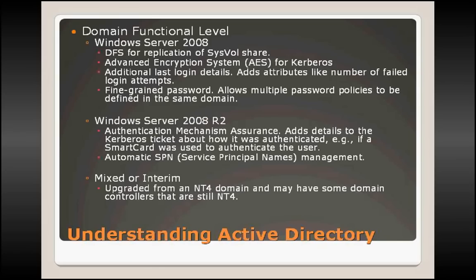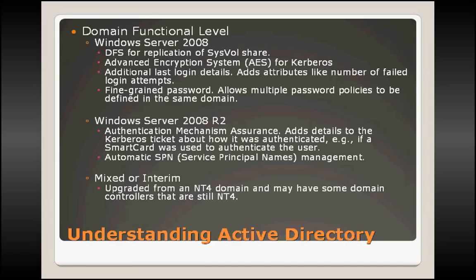There will be more details available, and there will be automatic SPN management. We need to talk in more detail about SPN when we cover Active Directory at an advanced level, but for now, if you want automatic SPN management, you need Windows Server 2008 R2.